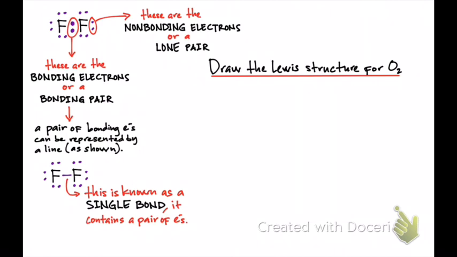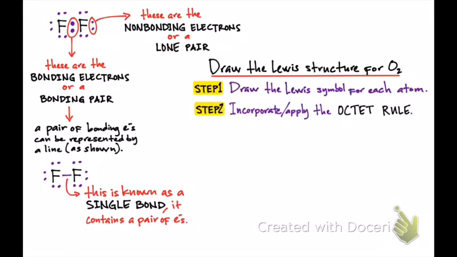Now, what would the Lewis structure for oxygen gas look like? So we can do the same thing here. We can follow the same steps as we did for fluorine gas. So step 1 is you draw the Lewis symbol for each atom. And then the second step is to apply the octet rule. So for the single oxygen atom on the left, we have the Lewis dot symbol.